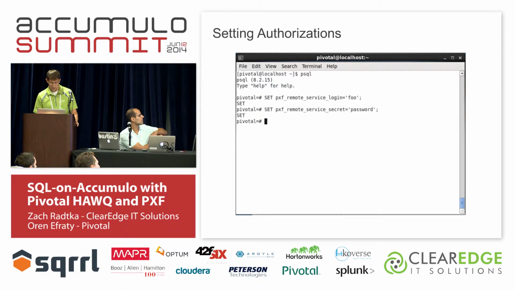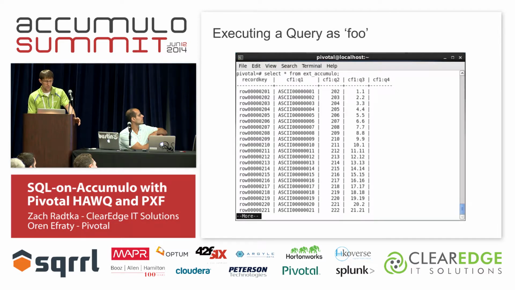The next thing I want to highlight is that we've been running this query as the user root with the root's credentials, and the root can see all of the fields we have in our table, right? One of the big things about Accumulo is the visibility labels. I showed you earlier that foo had a different visibility than root. Foo only could see public data, whereas root could see public and private.